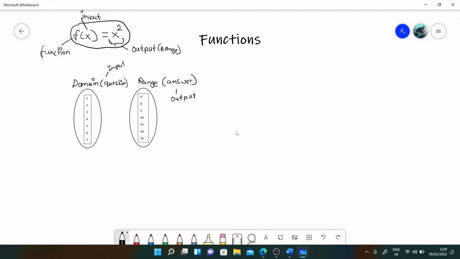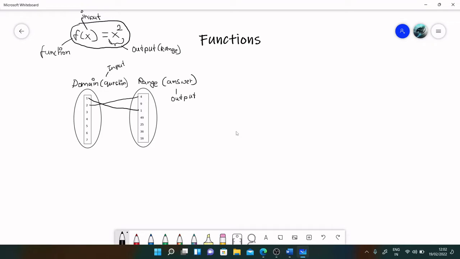Now, let us start putting each of these values as x and find out our range. F of 1 equals 1 squared, so we will match 1 to 1. F of 2 equals 2 squared, that's going to take us to 4.